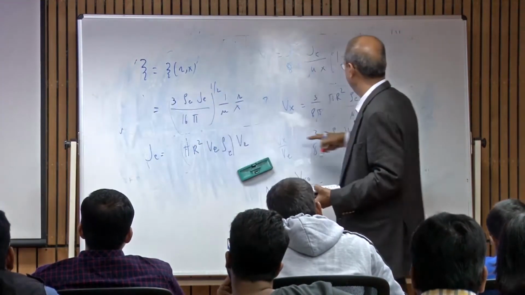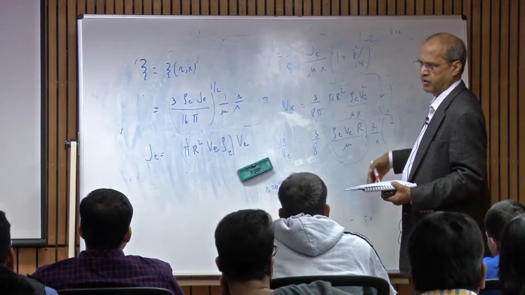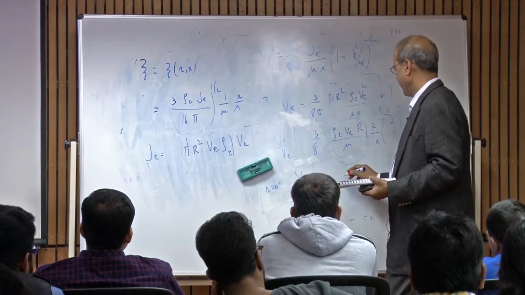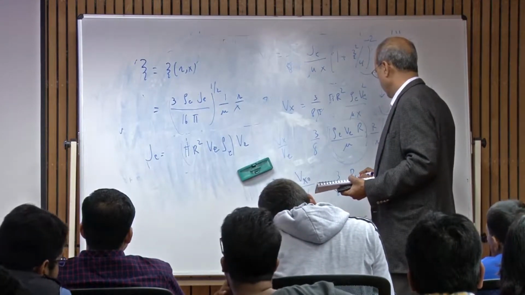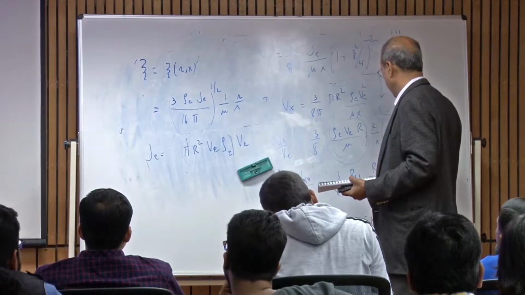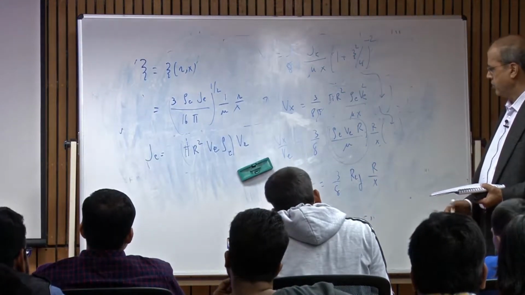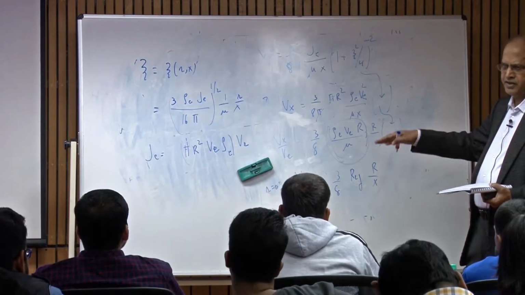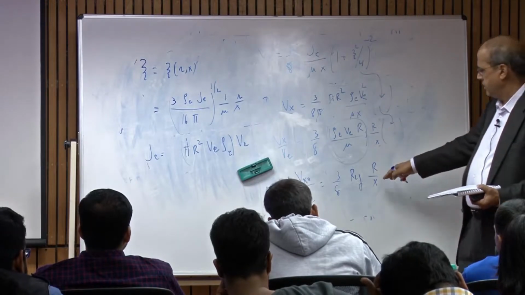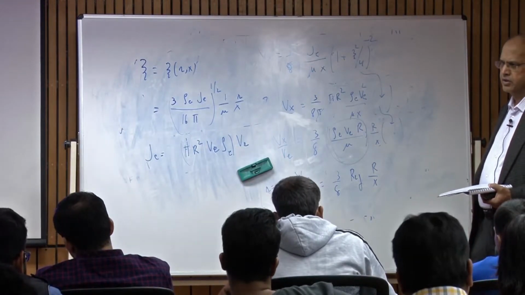So this term will become 1 along the center line. So this will be 3 over 8, this is the Reynolds number, times r over x. So according to this solution, the axial velocity at the center line decreases as 1 over x.